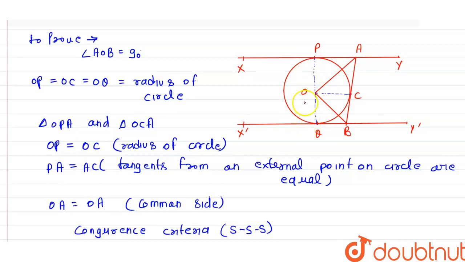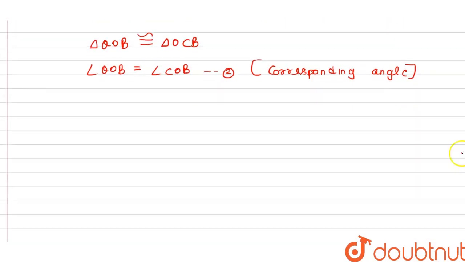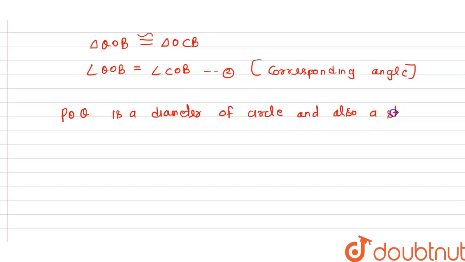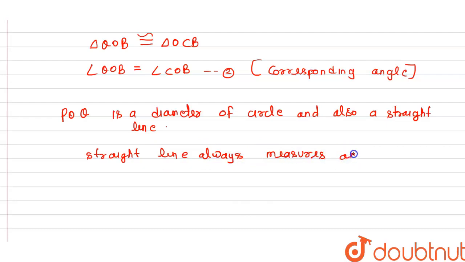We know a straight line always measures an angle of 180 degrees. So we apply this concept.